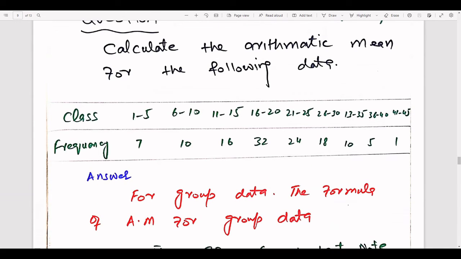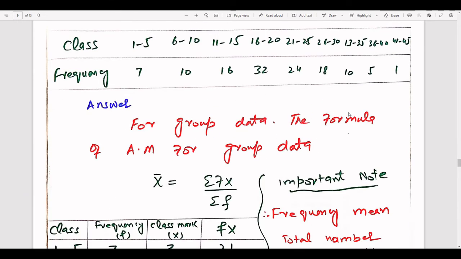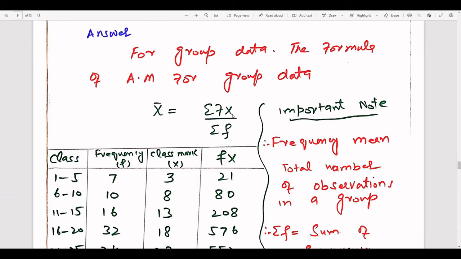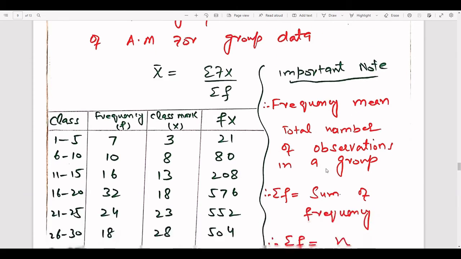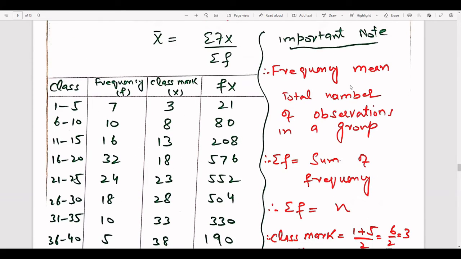As you know, this is grouped data. When frequency and classes are involved, we convert our simple raw data into group form. So for grouped data, the arithmetic mean is x bar is equal to sum of f x over sum of f. Here, read the important note: sum of f is the total number of observations in a group.